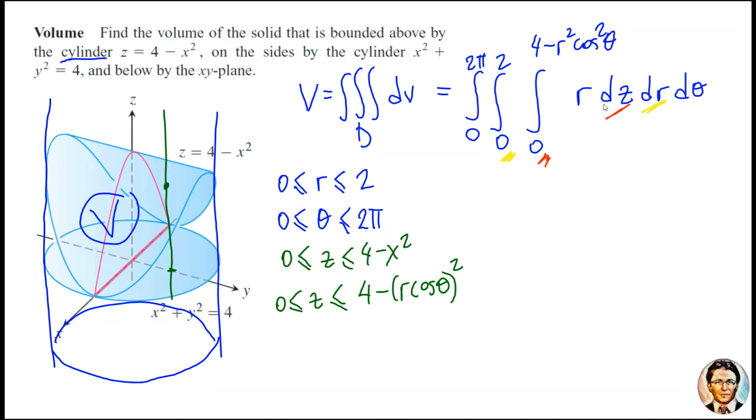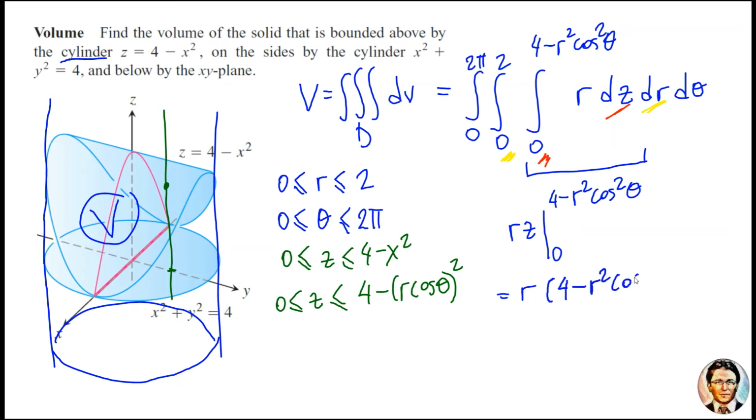If we integrate the innermost integral, r is constant with respect to z, so it will be r times z, where z is from 0 to 4 minus r squared cosine squared theta. So this is going to be r times 4 minus r squared cosine squared theta. This is the result of the innermost integral.